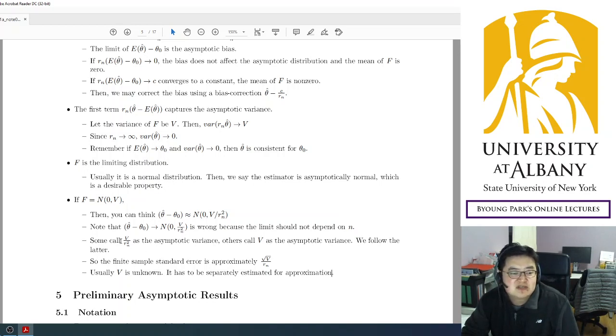And then here, a confusing term. Some textbooks say V over r_n squared is the asymptotic variance. Other textbooks call V itself, without adjusting for the convergence rate, the asymptotic variance. I will simply take this approach, but as I said, it's confusing.